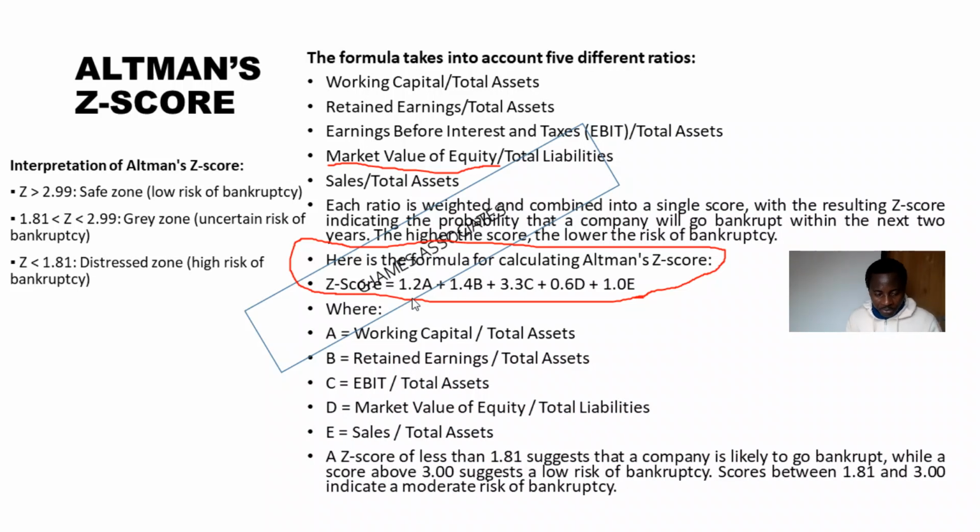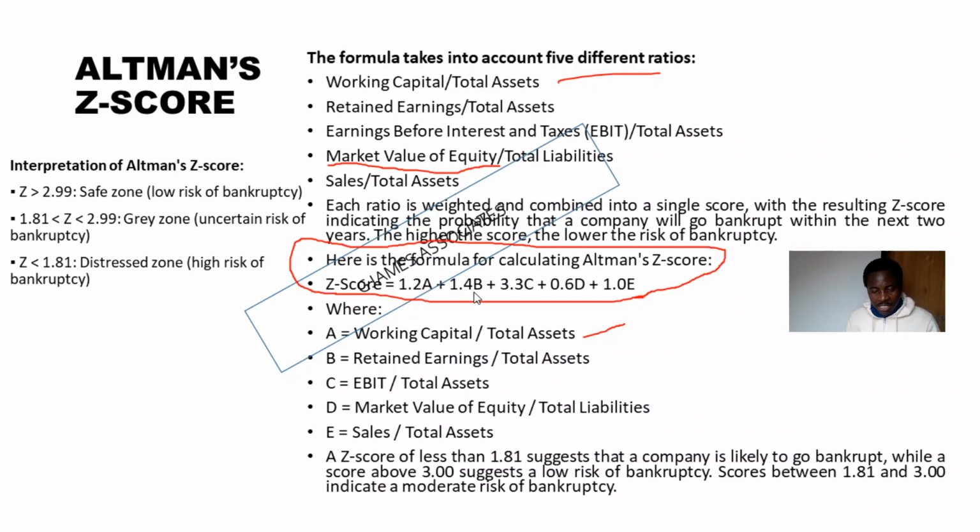So A now represents working capital against total assets. So A is this now, and you will put A here. That is 1.2 multiplied by A. That is the figure you are going to arrive at here. You will multiply it by this, plus the figure of ratio of retained earning against total assets.